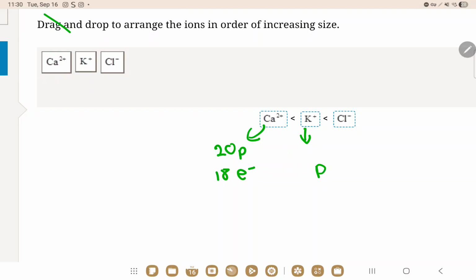K is, sorry, half asleep, 19 protons and 18 electrons. And here we have Cl minus, 17 protons and 18 electrons.